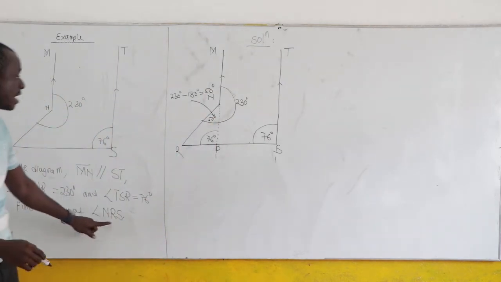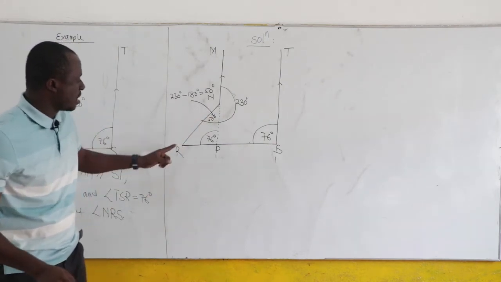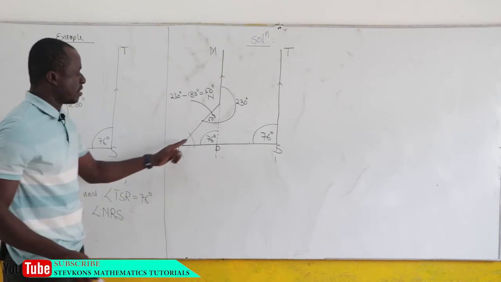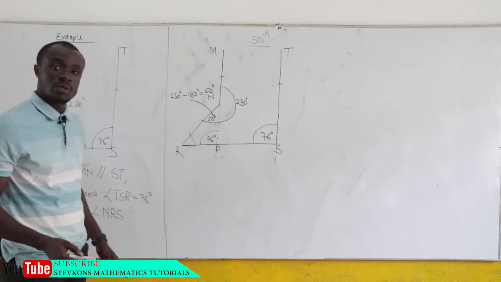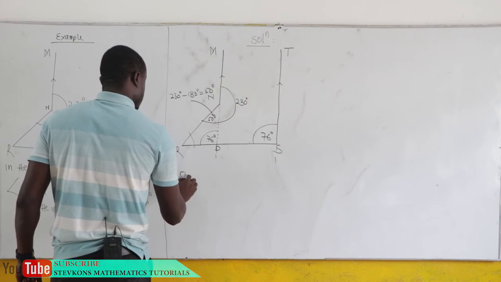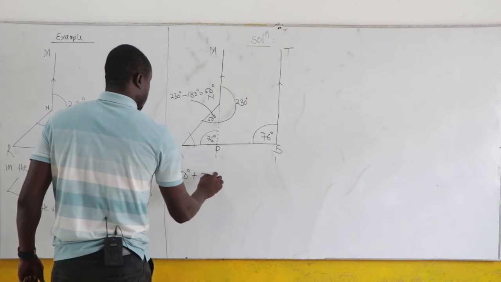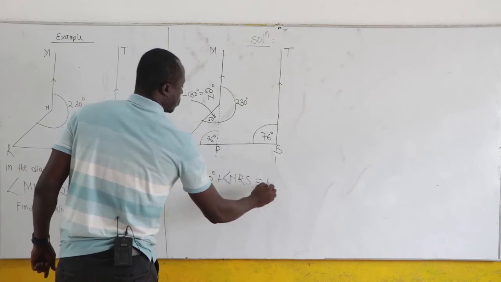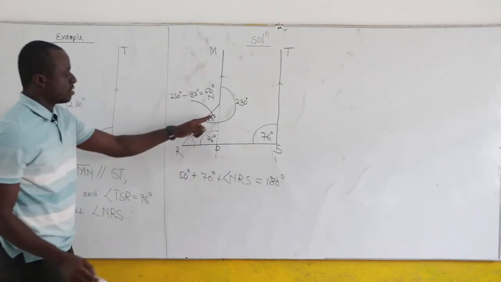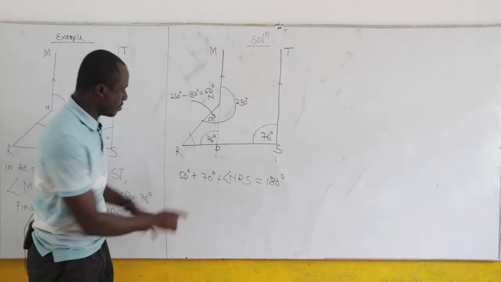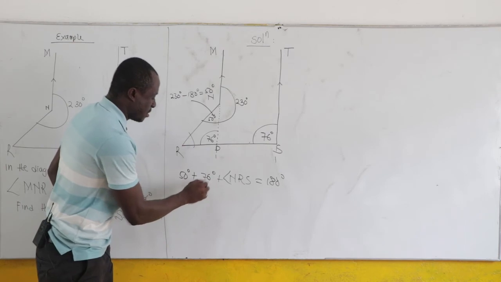What do I want? NRS. I want the angle over here. Now, sum of angles in a triangle equal to 180 degrees. So here we can say 50 degrees plus 76 degrees plus NRS equal to 180 degrees. Now, what is 50 plus 76?